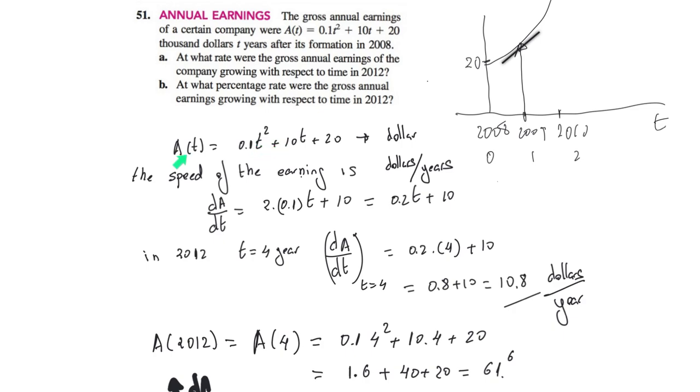See this detail about units. A of t is the amount of earnings and is in dollars. T is in years. So 0.1 has to be dollars per year squared. And this 10 that is here should be $10 per year.